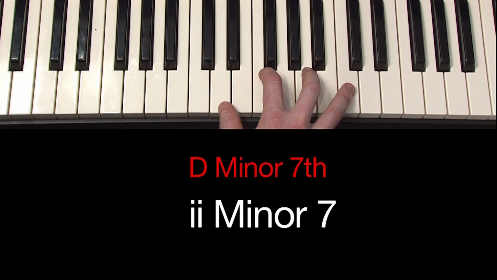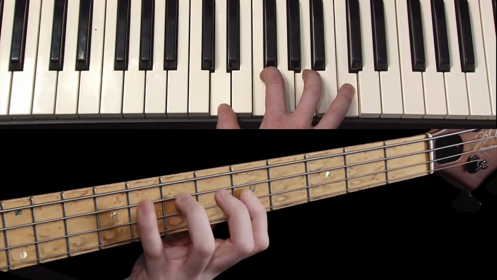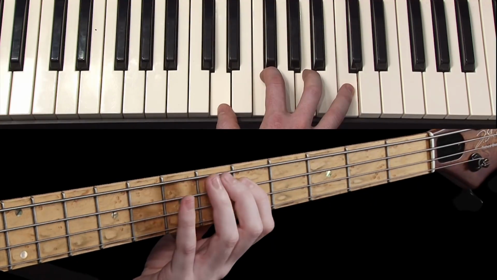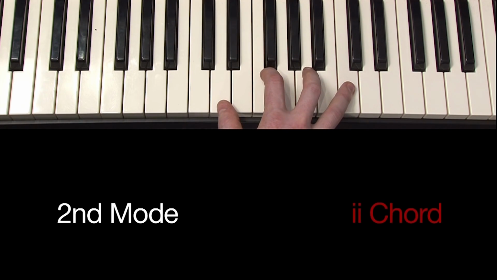In this key, the D minor 7th is called the 2 chord because quite simply we constructed it from the Dorian mode, which happens to be the 2nd mode of the C major scale. 2nd mode, 2 chord.